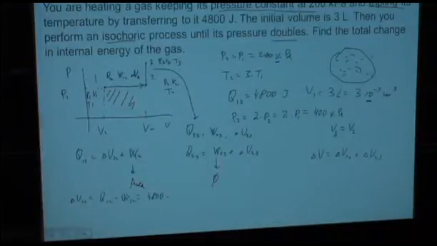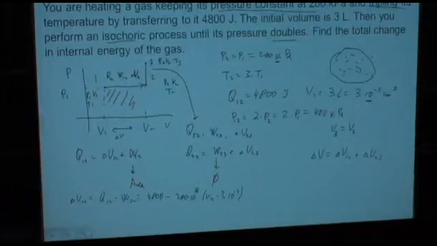The work equals the area, so it has to be equal to pressure, 200 kilopascals, times the change in the volume, V2 minus 3 liters. If only we knew that second volume, we'd be done with this part.